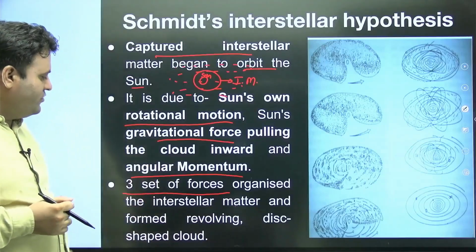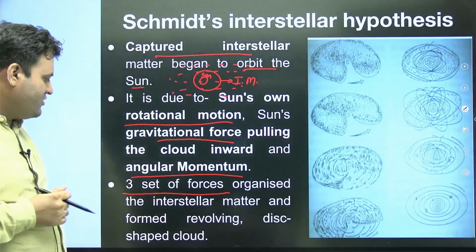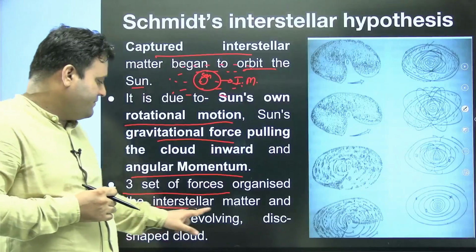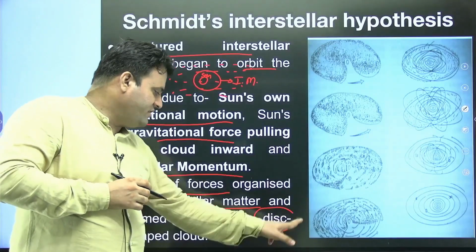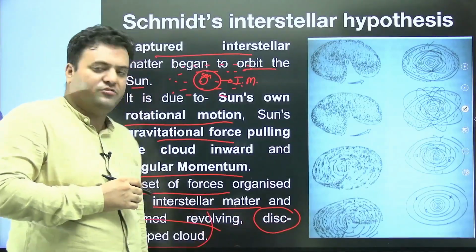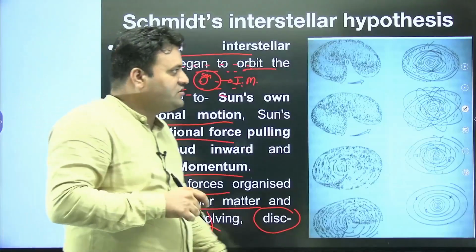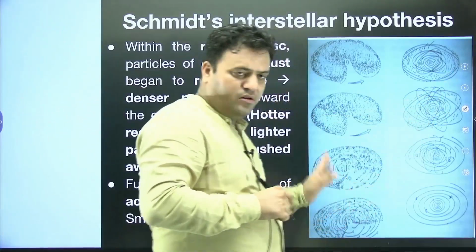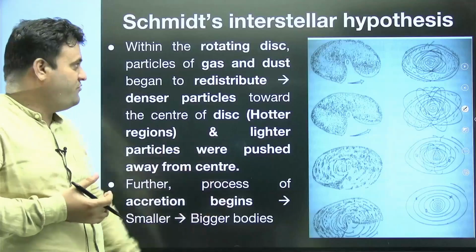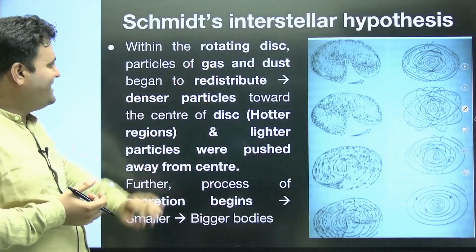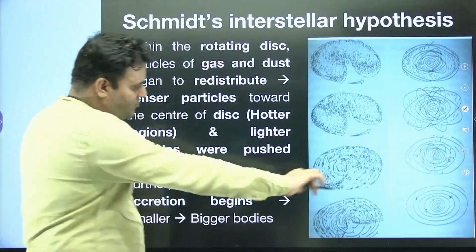Because of the three sets of forces, the interstellar material appeared as a disk shaped cloud. As a result of the disk shaped cloud, later the planets were about to form. So within this rotating disk, here we have a disk.